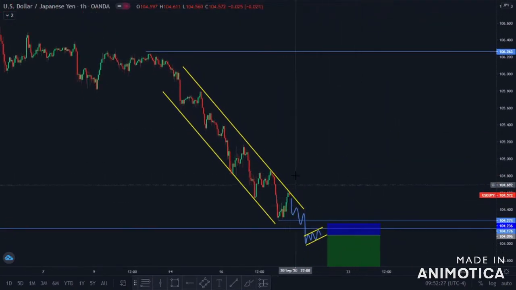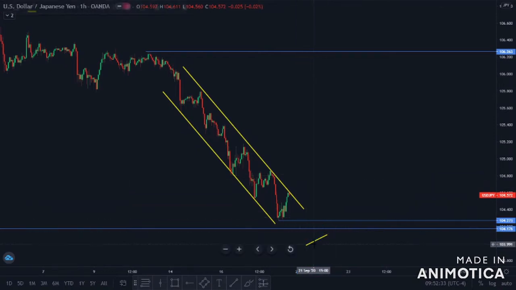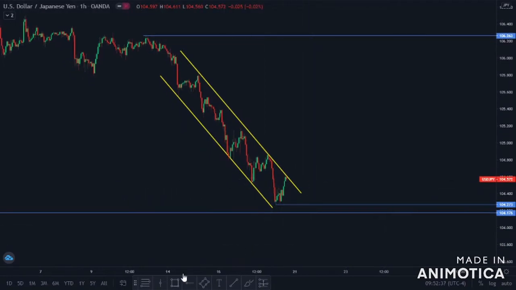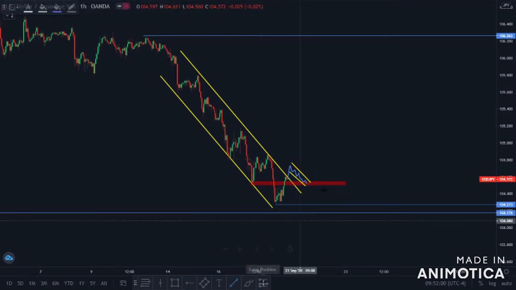Or if price decides to push higher, wait for a retest either on the trend line, okay, or you can wait for a retest right there on that structure, right? So you would have something like that, then we wait for a retest on that structure, okay, to then get your orders in for the buy.